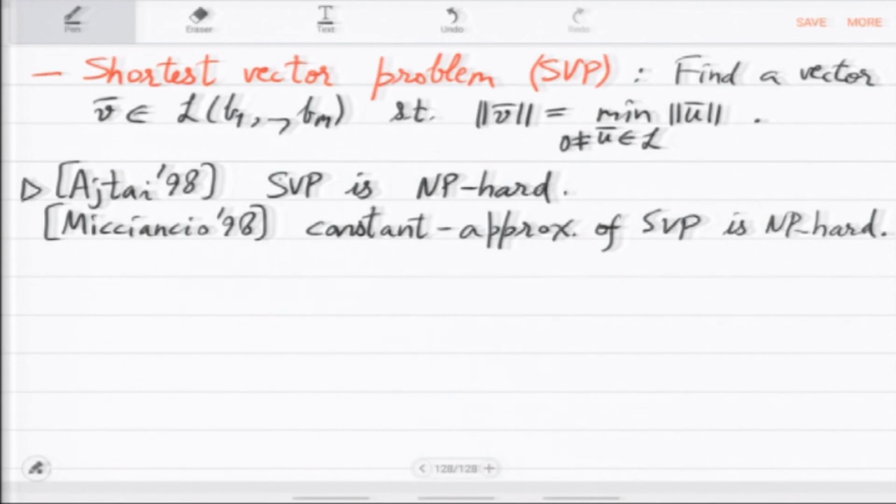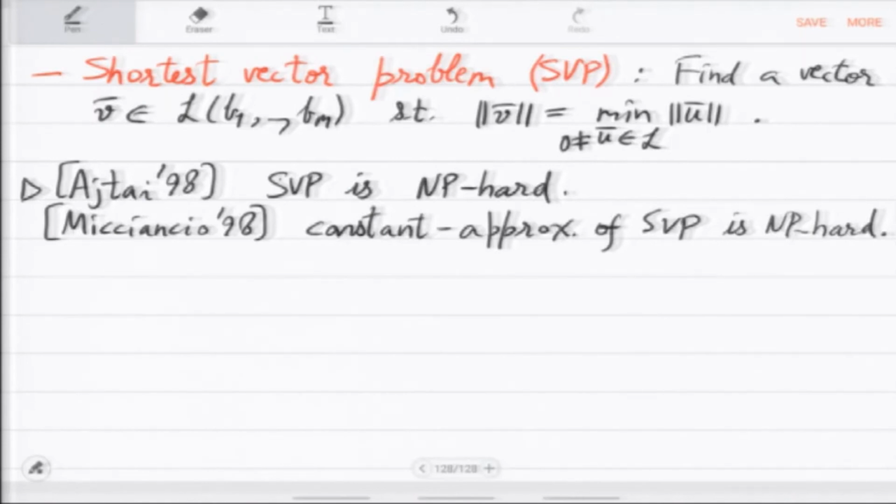Right, so then it would seem that this step 4, where we want to find a short vector satisfying a linear system, that question may be NP-hard. We may have reduced to a hard question.